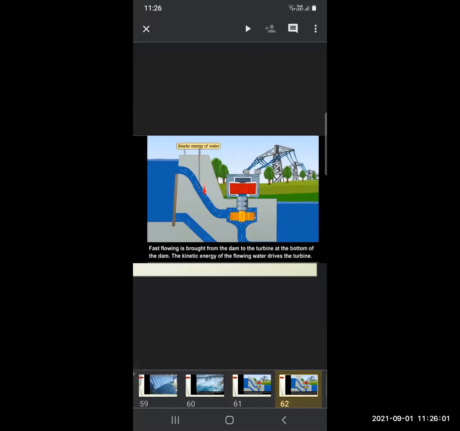Fast flowing water is brought from the dam to the turbine at the bottom of the dam. The kinetic energy of the flowing water drives the turbine. See, this is the dam water, and it is brought to the turbine at the bottom, and the kinetic energy of the flowing water drives the turbine.